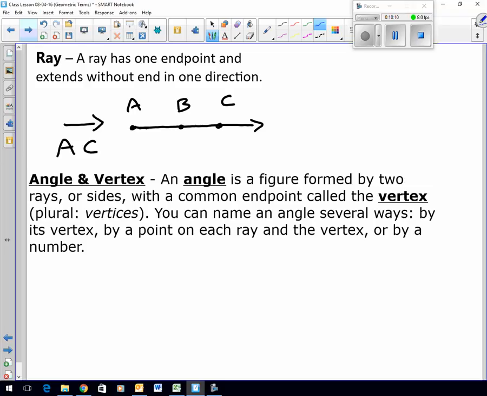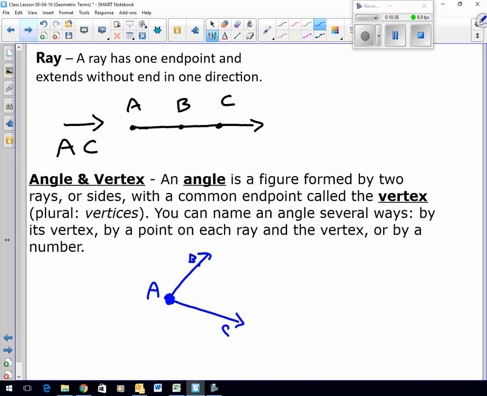Remember, here's a ray. So if I started with A, let's go A, B, because that's a big old point right there. And I go A, C.